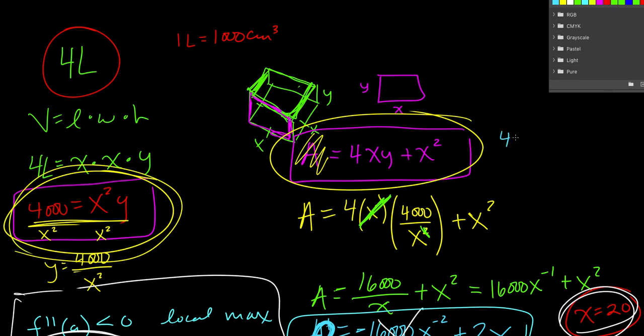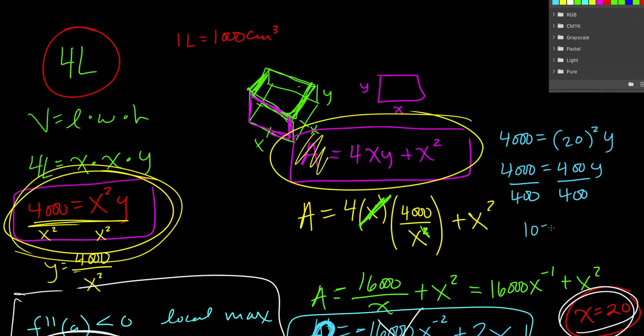And so it's 4,000, and then I'm going to plug in 20 for x. So we get 4,000 is equal to 400 y. Divide both sides by 400. 10 is equal to y. And all of that's in centimeters.